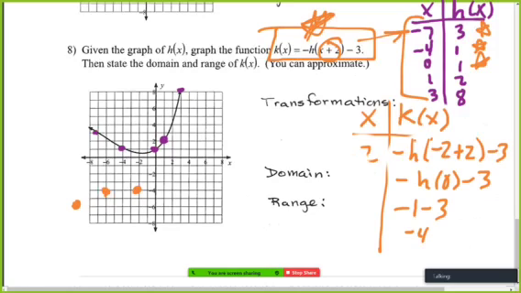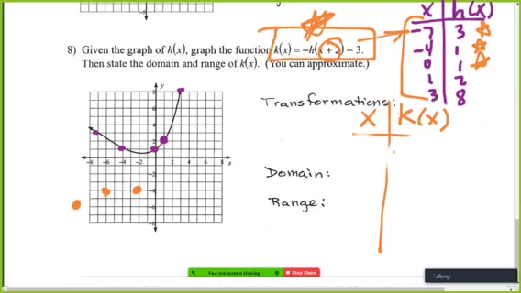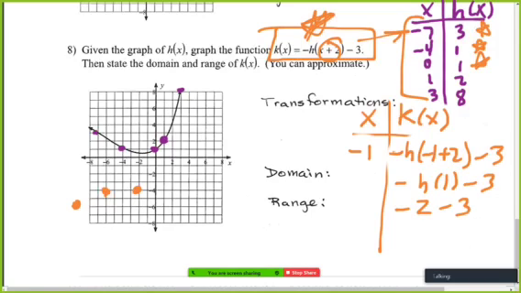Okay, let's do another one. So I've got to plug in something 2 less than 1, so negative 1. So I get negative h of (negative 1 plus 2) minus 3. So negative h of 1 minus 3 would equal negative 2 minus 3, so that's negative 5. So now I have the point (-1, -5).